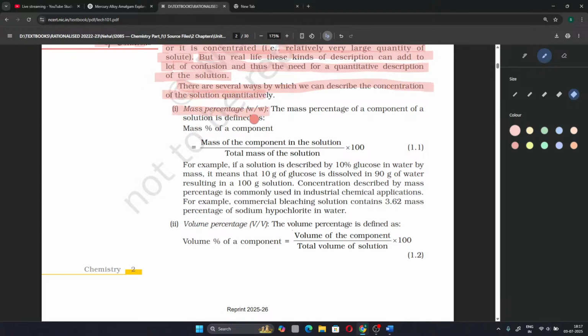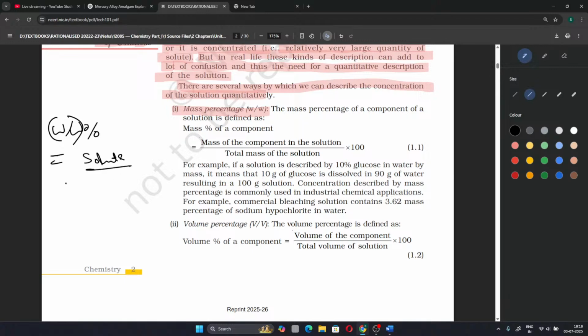Mass by mass percentage, where we take the mass of the component in the solution, basically the mass of solute. Mass percentage is mass of solute by mass of solution times 100, as we take it not as a mass by mass ratio, but as a mass percentage.